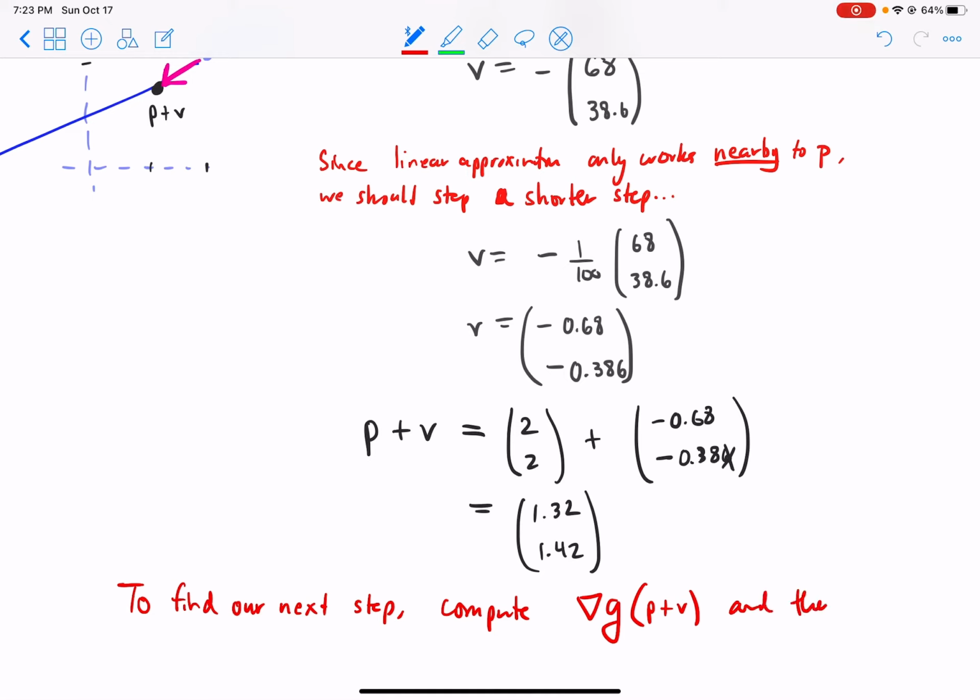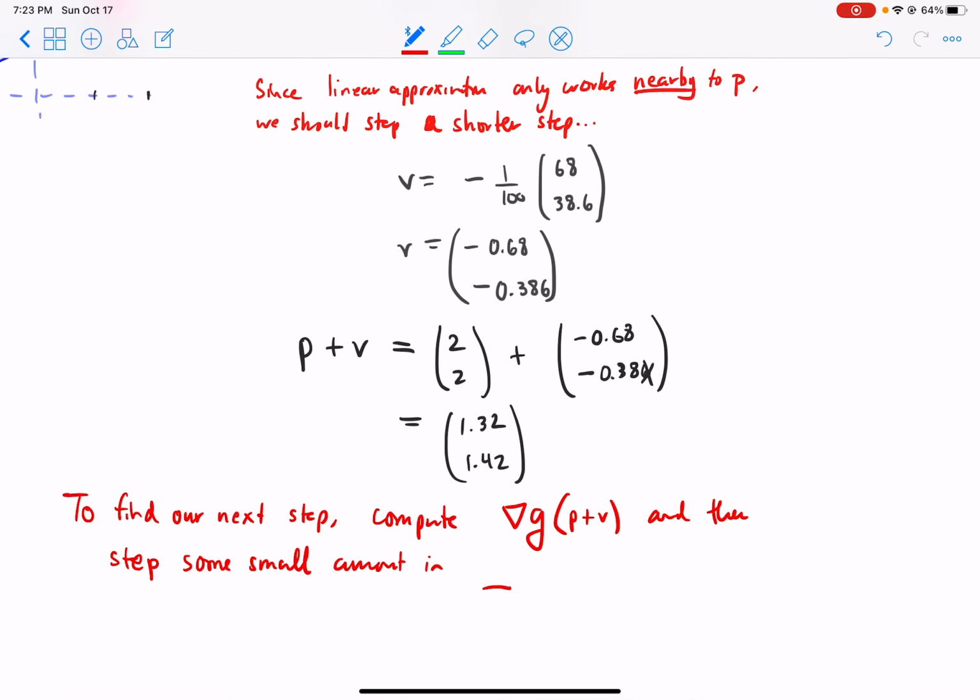And then step some small amount in, say, negative the gradient, or how about negative 100th of the gradient at that point, etc. Repeat. This etc means like, okay, you see the pattern. I actually don't know what it means, but it means repeat this pattern. Okay, so I'm just gonna cross this out. Repeat this pattern.